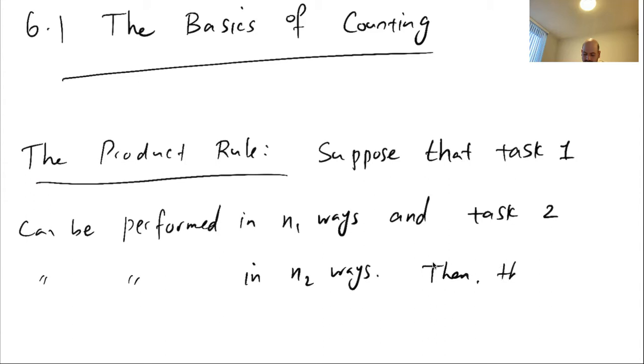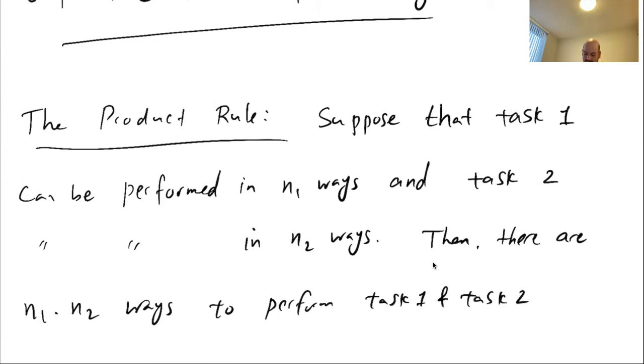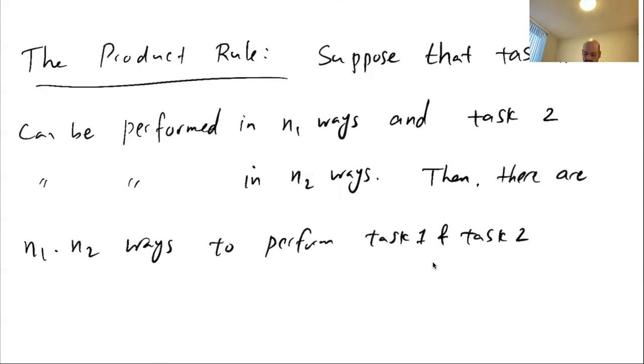Then there are N1 times N2 ways to perform task 1 and task 2 together.